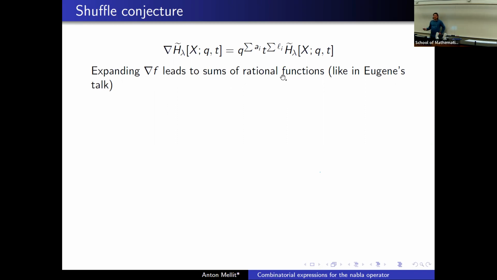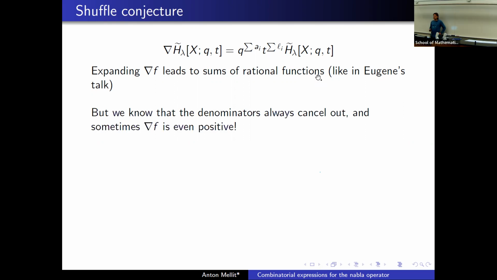And then you get a sum with rational functions as coefficients, but like in Eugene's talk, you remember he had the sum with denominators, a sum over tableaux of some kind. And by a theorem proved by Garsia and Haiman, I think, the denominators cancel out, and then observation will tell you that sometimes it's positive, and that's usually a conjecture.